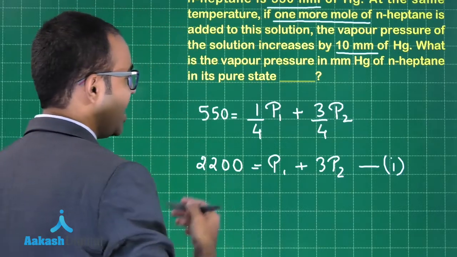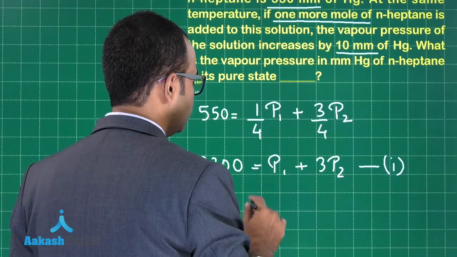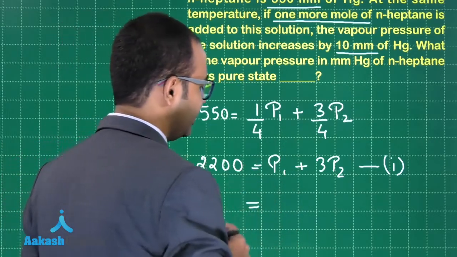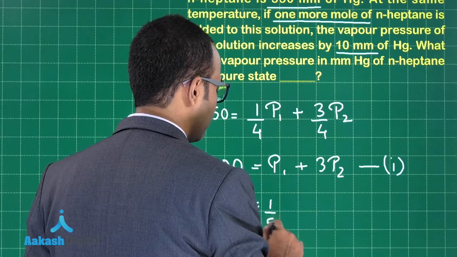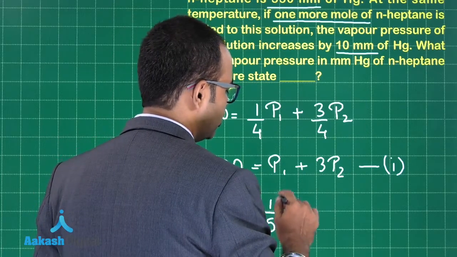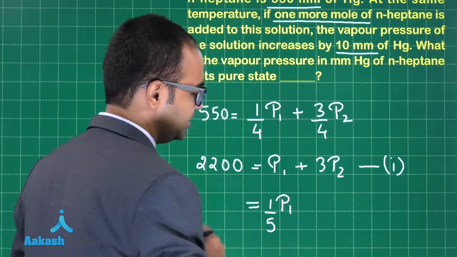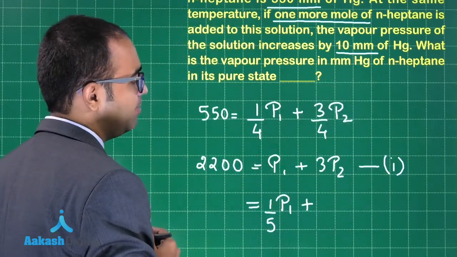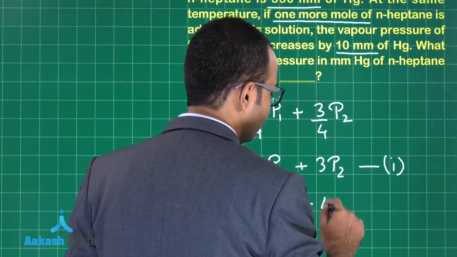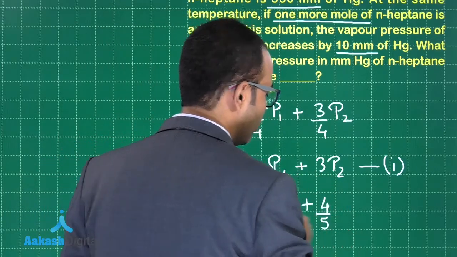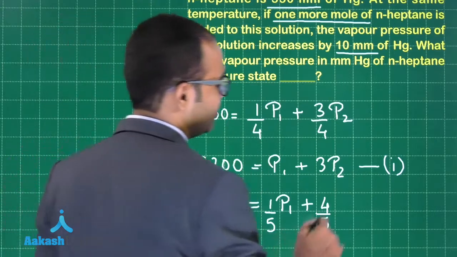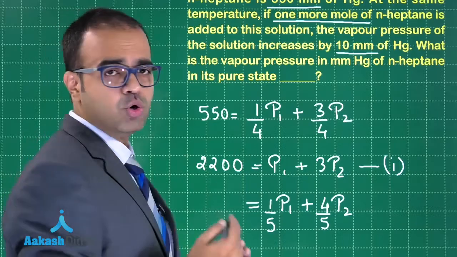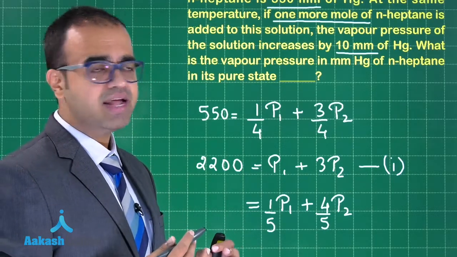If we add 1 more mole of N-heptane, the mole fraction of hexane would become 1 by 5 and the vapor pressure of N-hexane is P1, plus what would be for N-heptane? The N-heptane mole fraction becomes 4 by 5 and the vapor pressure is P2.